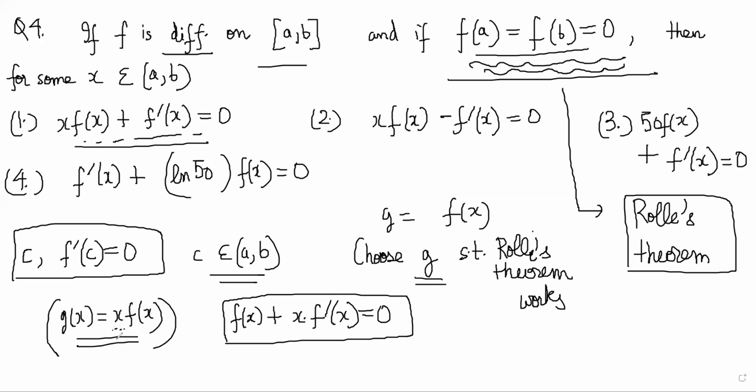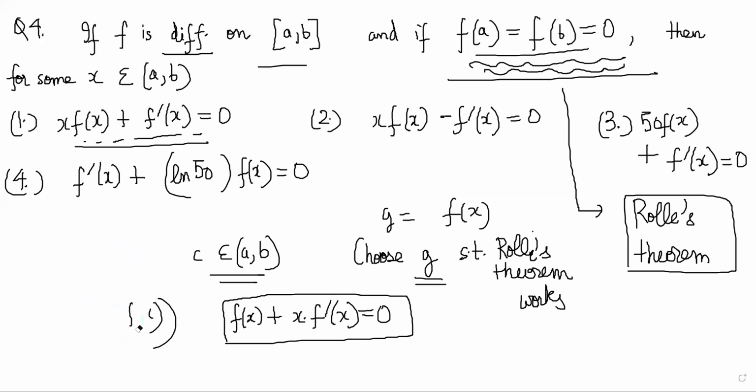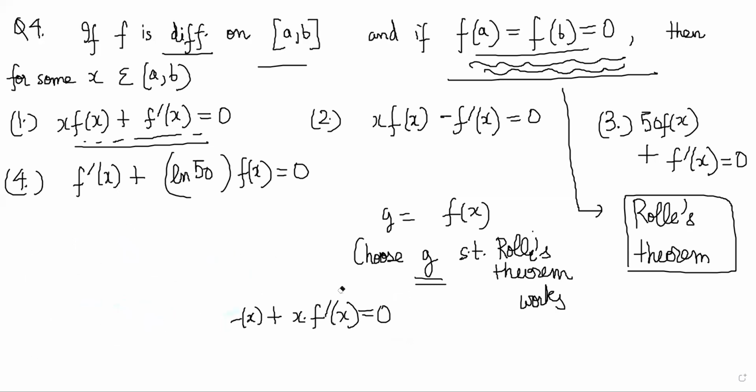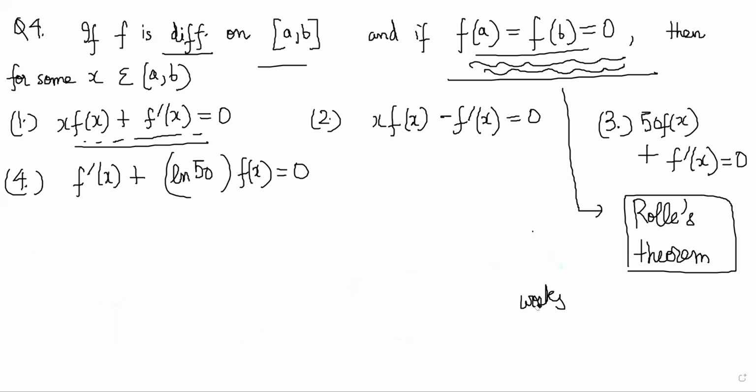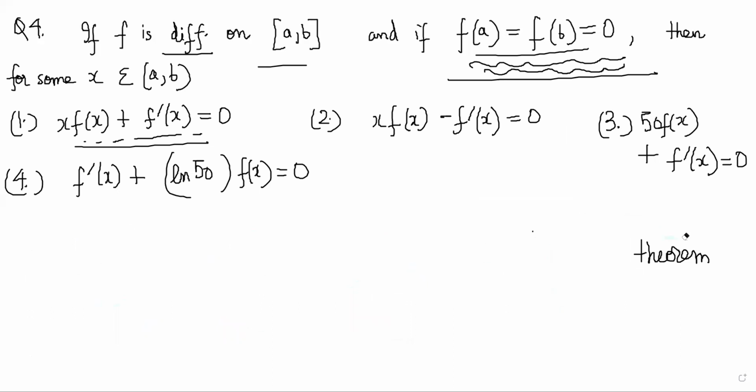So let's take another candidate function. You can also take e power x f of x. That will also ensure that g satisfies Rolle's theorem conditions. So let's take g of x equal to e power x f of x.